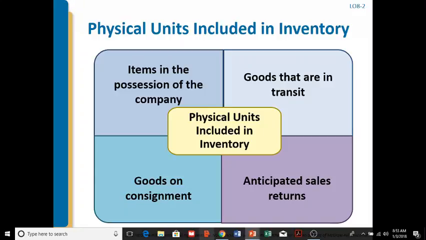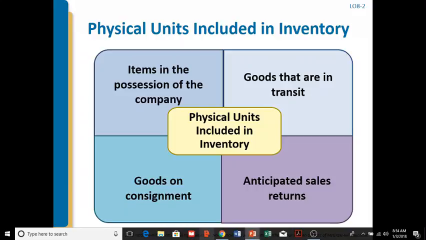Now, if the terms are FOB destination, then title is still in the hands of the seller, at least until the goods that are in transit reach the destination of the buyer. And the person with title also becomes responsible for the shipping costs as well as the obligation to insure the items during transit.